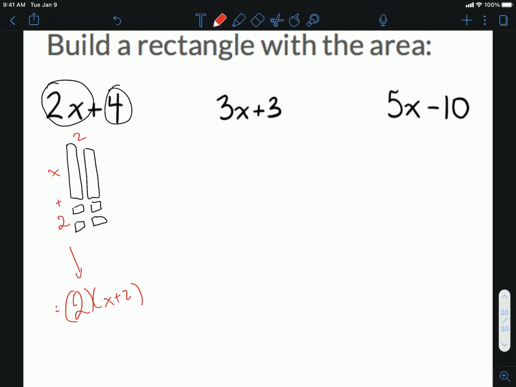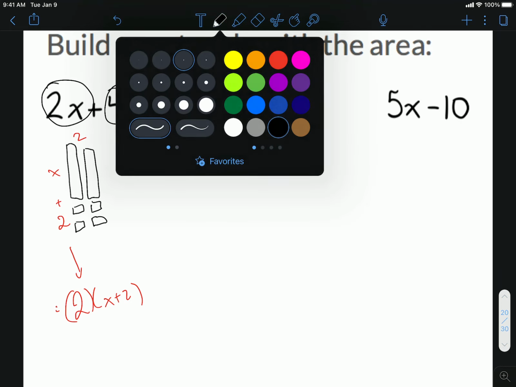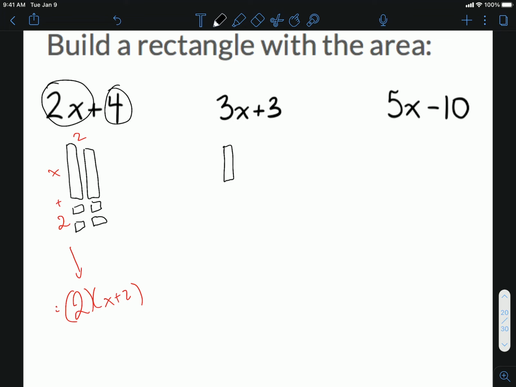All right, well, if I drew this one then, I'm just going to redraw it. I got 3 x's, so 3 rods, and then 3 singles. Right? So if I wrote my length and width, this is an x, that's a 1, so x plus 1, and then also 3 across the top. I could fit 3 singles, 1, 2, 3. So 3. So my answer is going to be 3 times x plus 1.